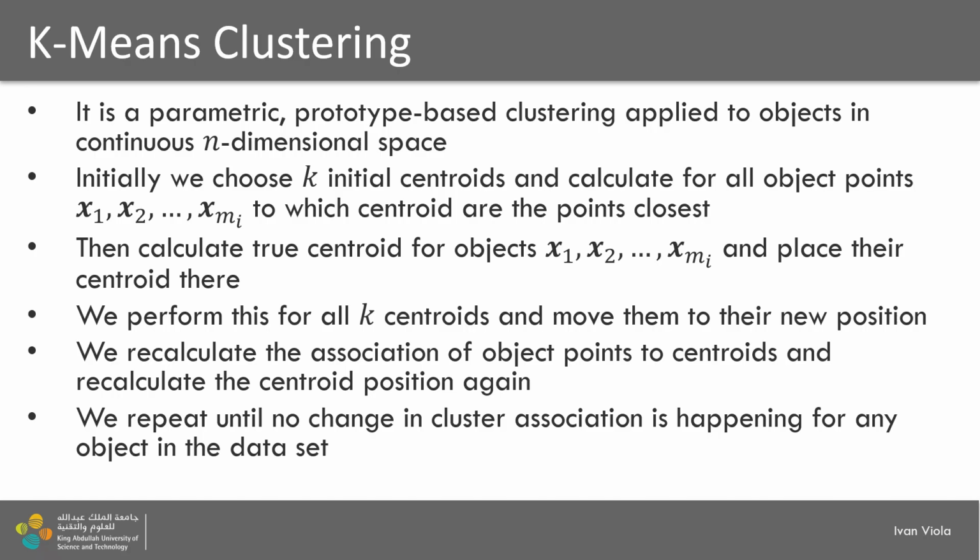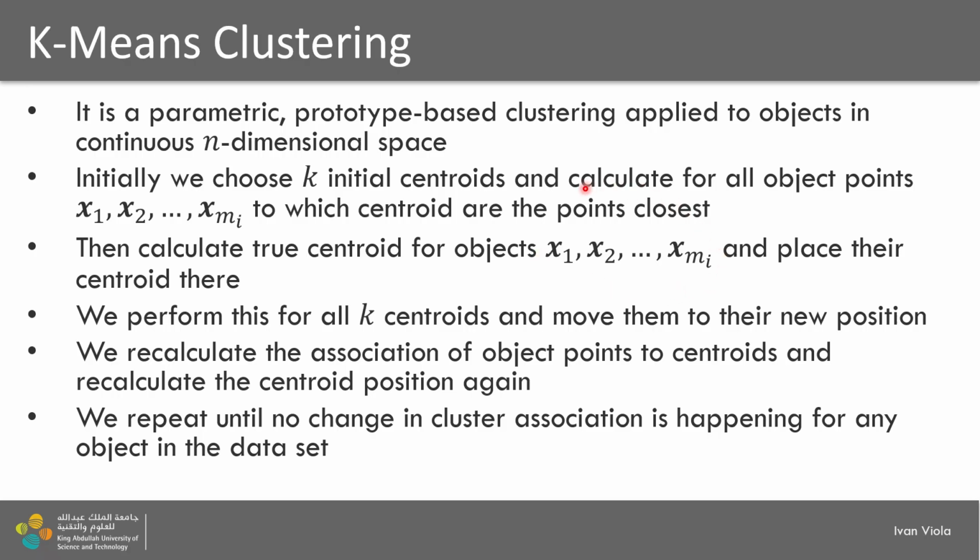afterwards, these centroid points are not really in the center of the cluster. The center of the cluster we can calculate in such a way that once all the points are assigned to one of these centroids, or prototypes, we can then calculate the true center of gravity, or true centroid, for all these objects which are members of one particular cluster.